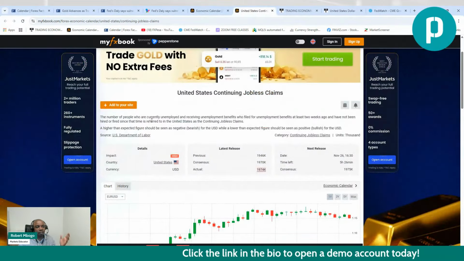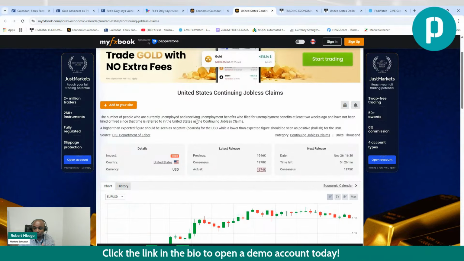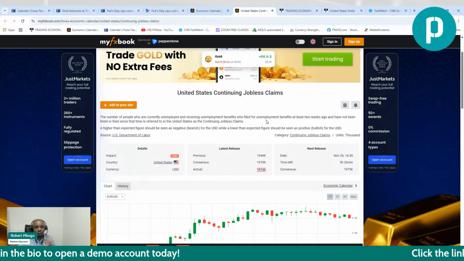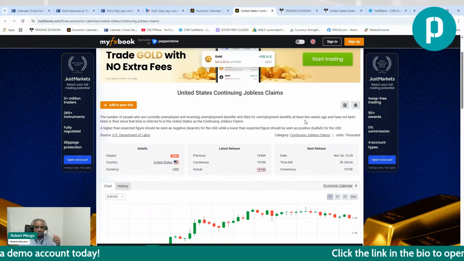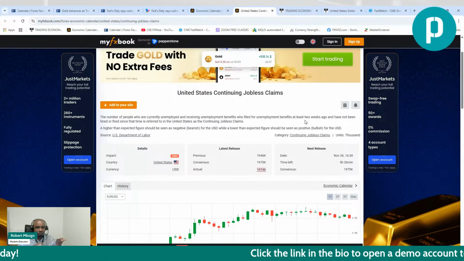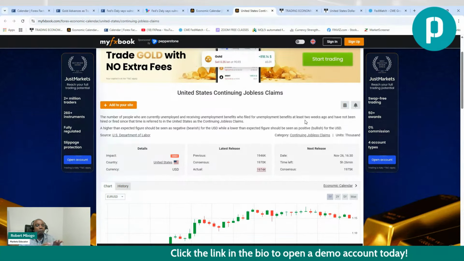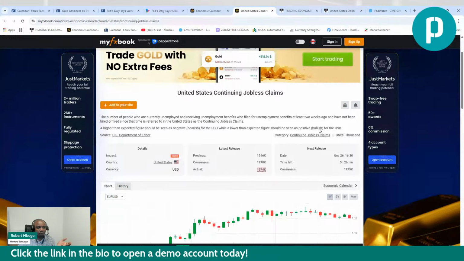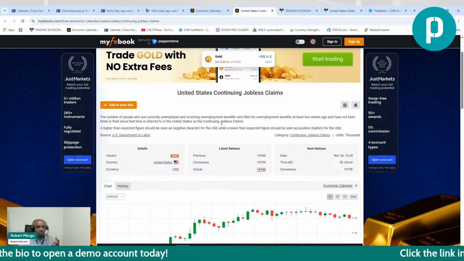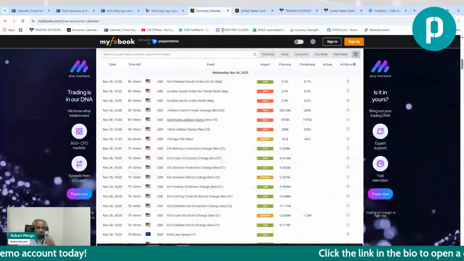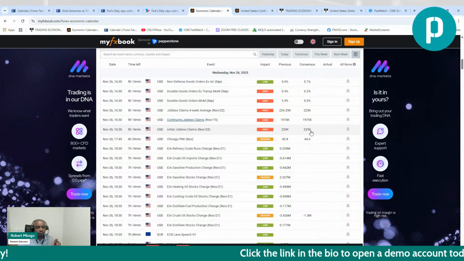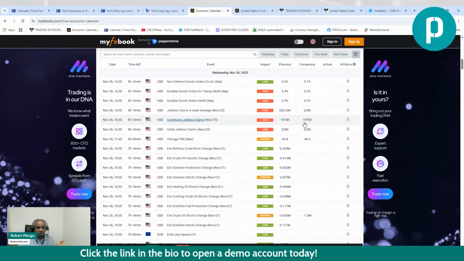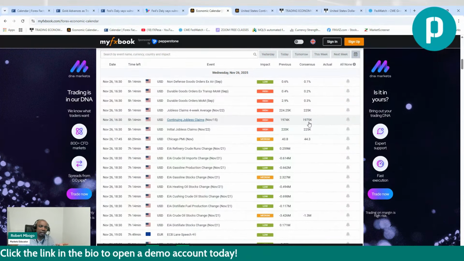It's the number of people who are currently unemployed and receiving unemployment benefits, who filed at least 2 weeks ago and have not been hired or fired since that time. This is referred to in the US as continuing jobless claims. Expectations are that the number will be 1.975, 1.98 million.